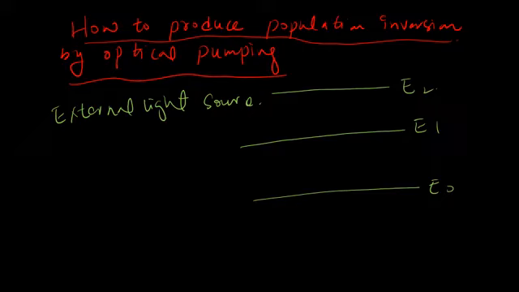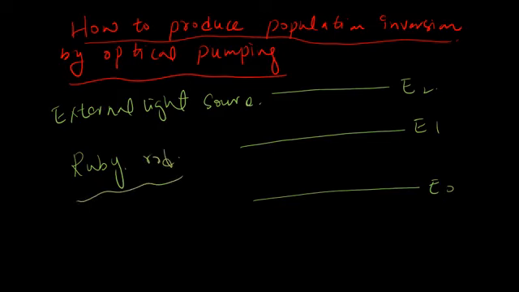Here we have an example of the ruby laser, in which we use the optical pumping method for population inversion.